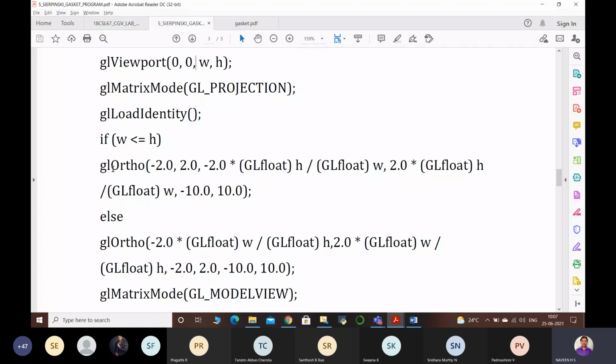So I directly use glOrtho. If you use glOrtho, it identifies that we are executing in three-dimensional space. We should not write ortho 3D, there is no such function. Only for two-dimensional we specify gluOrtho2D, but for three-dimensional space it is glOrtho. These are the values like near, far. I will show that in the syntax.